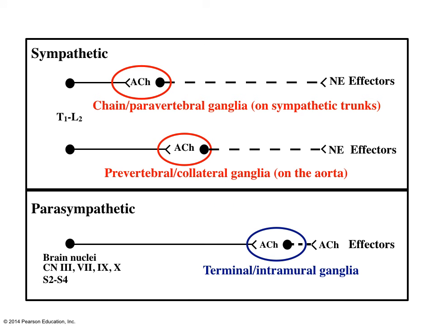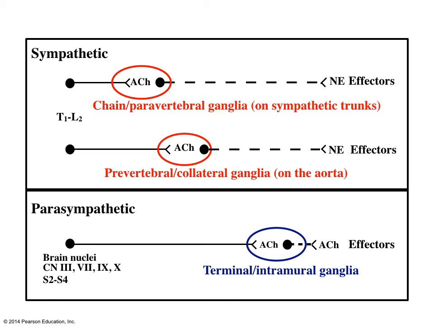This last slide that I've put together is a nice, I think, summary to the two divisions. Sympathetic division, the emergency mode, more complicated. Remember that the preganglionic cell bodies are located within T1 to L2.